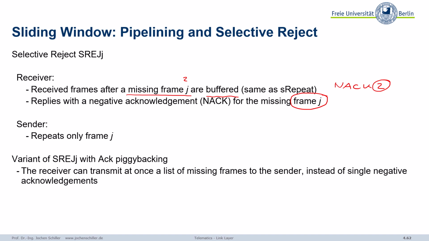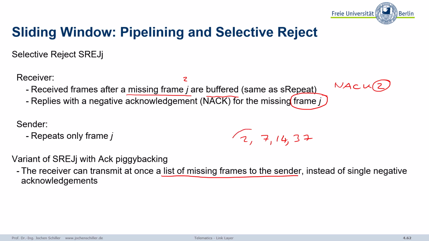We could do more. We can send, for example, a whole list of missing frames, instead of a single negative acknowledgement. So we could say, okay, you sent now many, but I'm missing 2, 7, 14, and 37, for example, if I have a large window. Just an example. There are protocols with window size 128 or whatever.